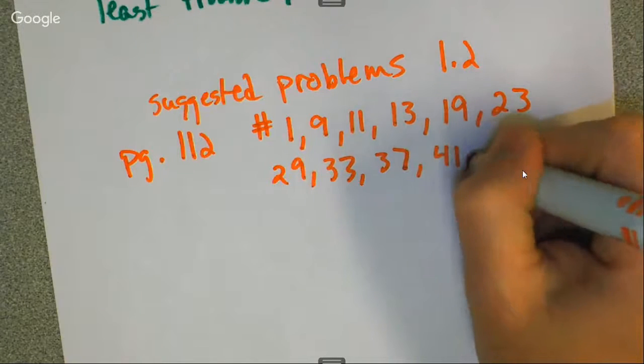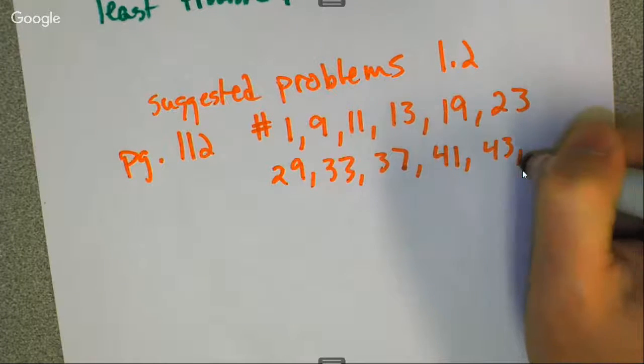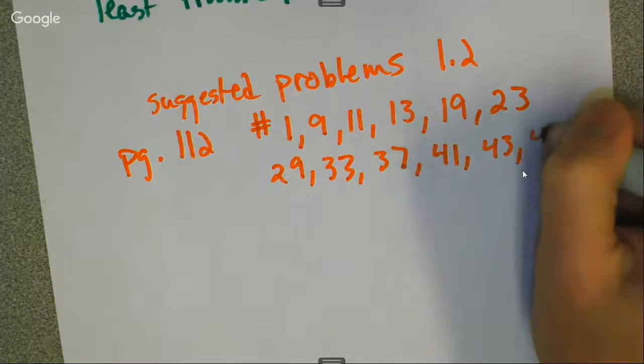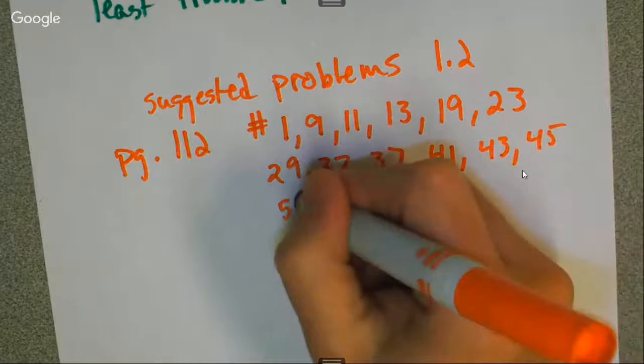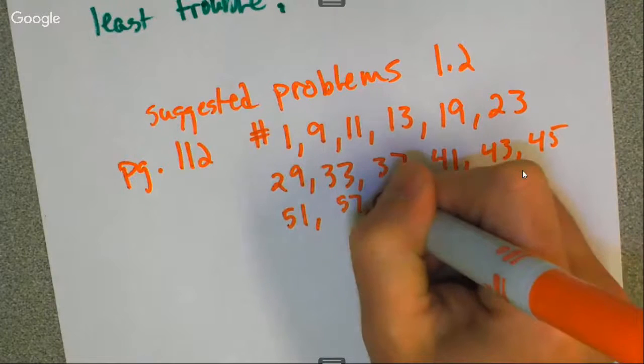Would be like that kind of stuff. 43, 45, 51, 57, 59.